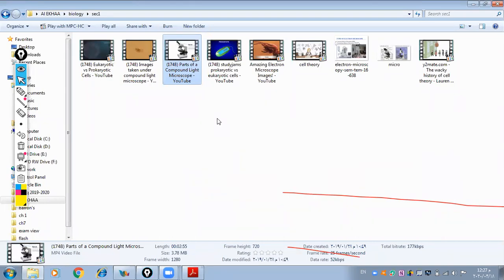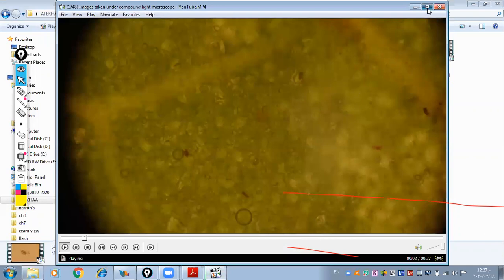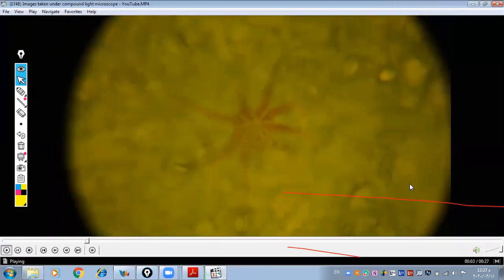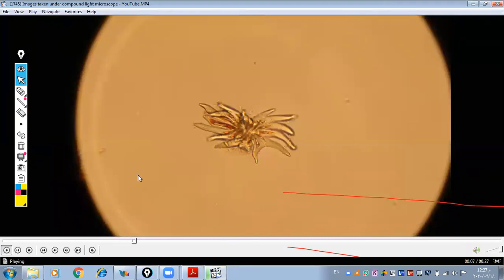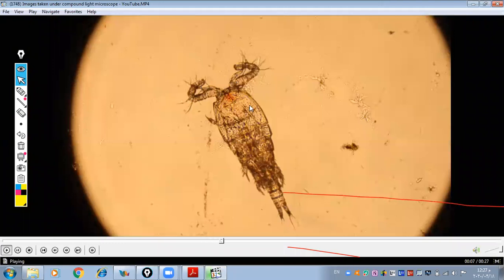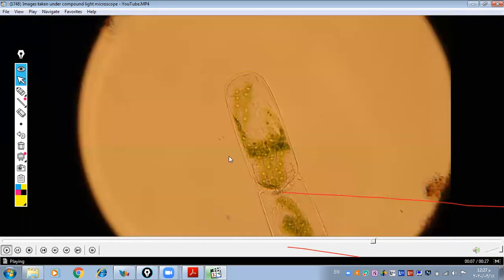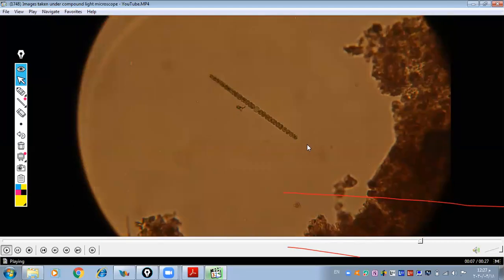Now, the image taken under the compound light microscope shows the magnification of the light compound microscope. You can only see the cell itself, but what is inside is not clear. You cannot see the fine parts of this organism. So watch it again.